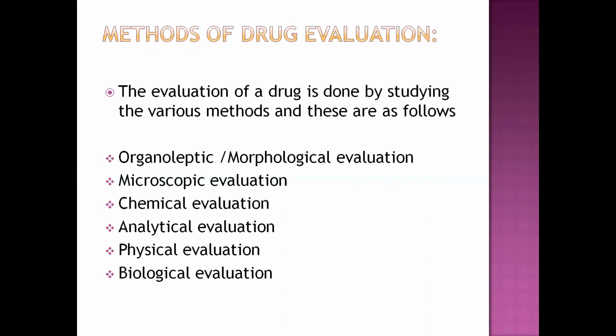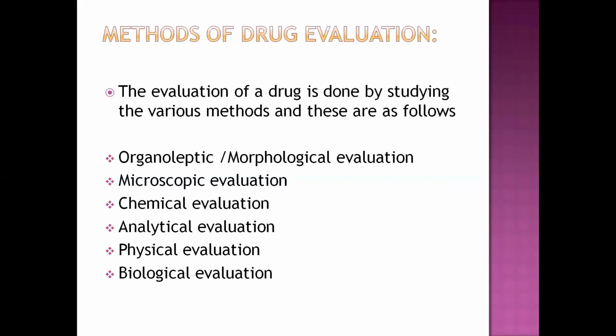Then chemical evaluation includes various chemical tests for the various chemical classes, like alkaloidal tests for alkaloids. For glycosides, we have different tests. For the volatile oils, we have different tests. Then the analytical evaluation means chromatography, UV, IR, NMR techniques. Then the physical evaluation.